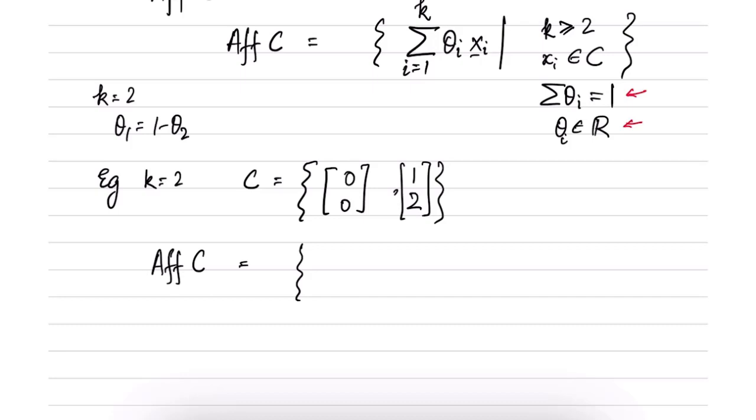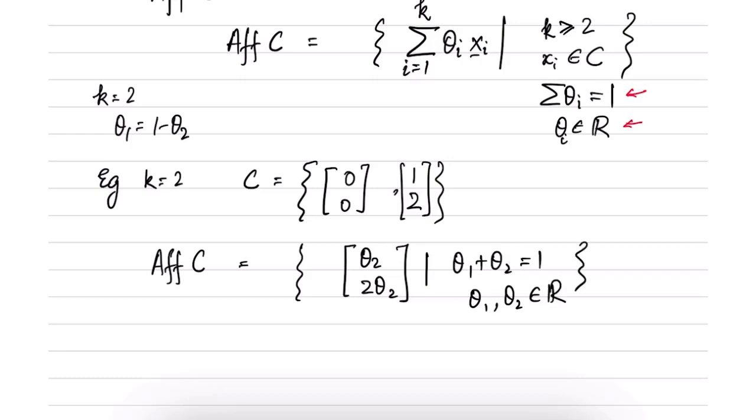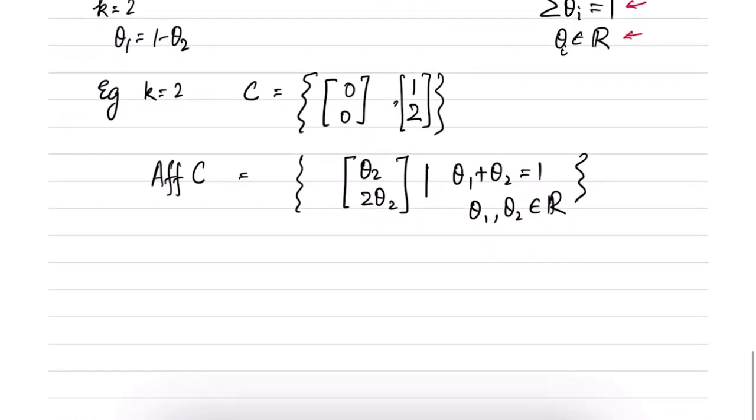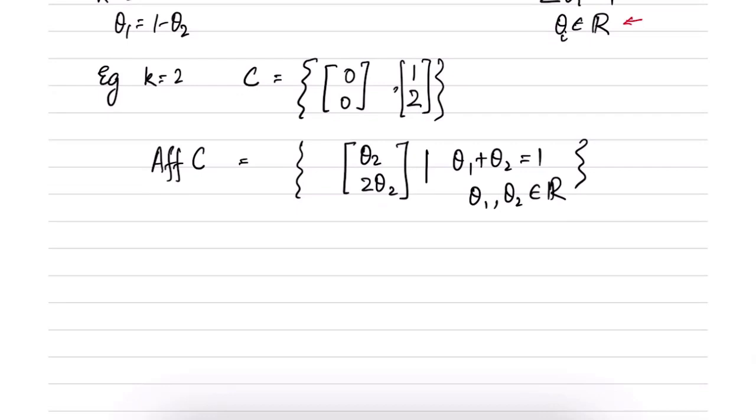So we will get all the points of the form theta 1 times (1, 2) plus theta 2 times (0, 0), where theta 1 plus theta 2 add up to 1, and theta 1 and theta 2 are real numbers. So let's simplify this set just to see what it is saying.